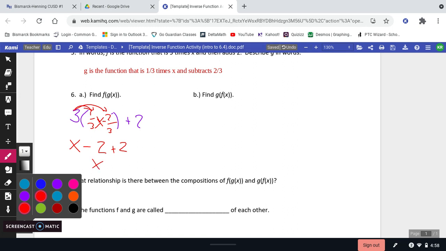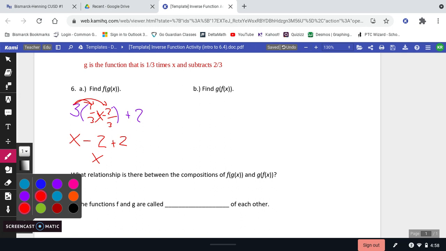Okay, now if you do the other direction, g of f of x, so this time f of x goes inside of function g. So function g was 1/3 times x and then minus 2/3. Okay, so 3x plus 2 is what goes inside of that g of x.